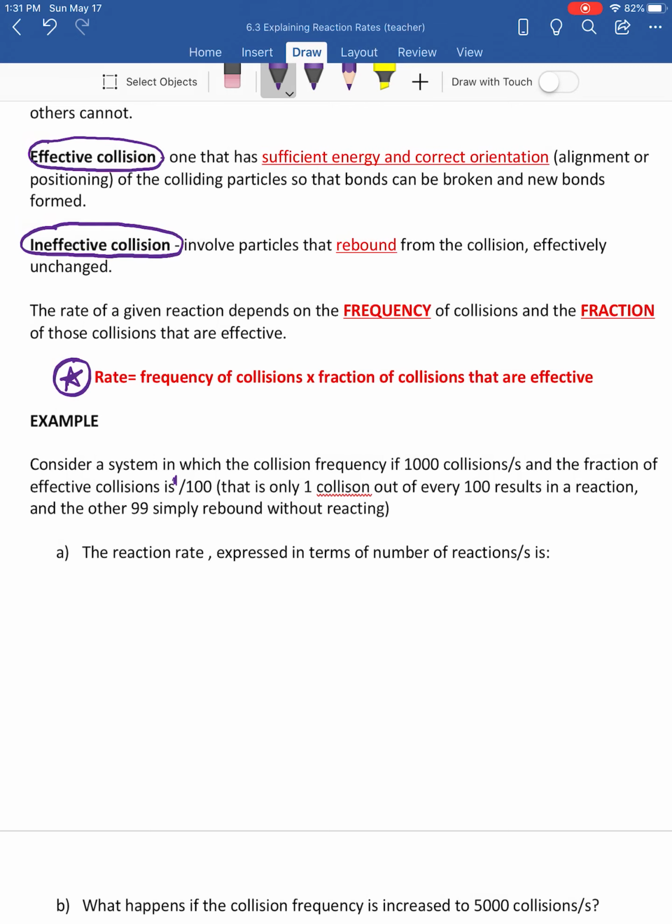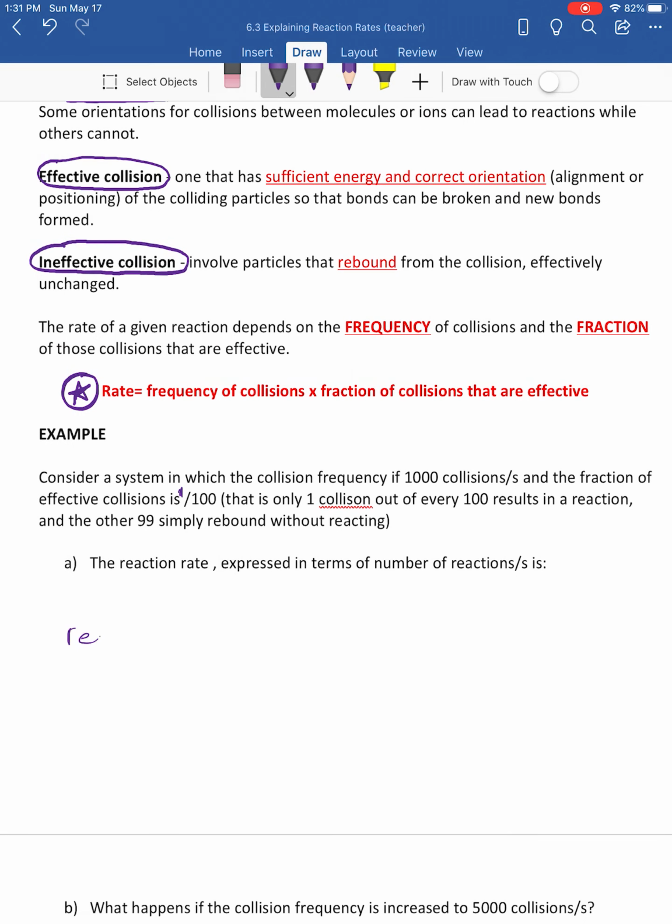So for our purposes, our reactions per second equal 1,000 collisions per 1 second times 1 effective reaction, so 1 reaction per 100 collisions.